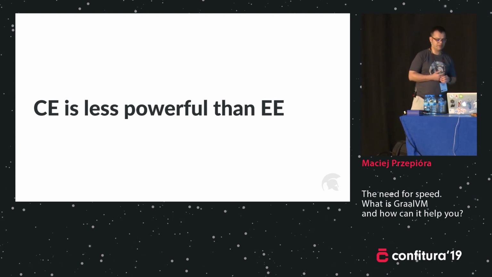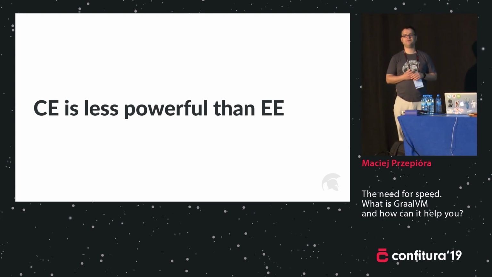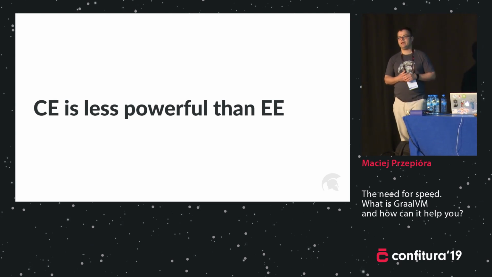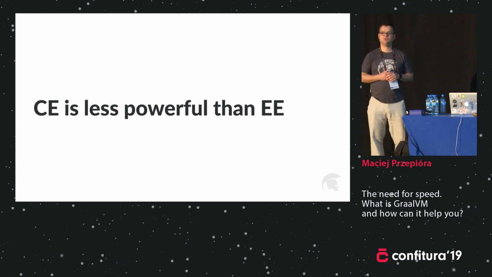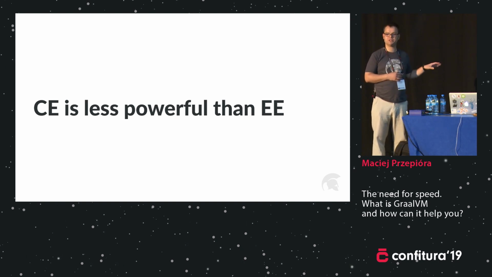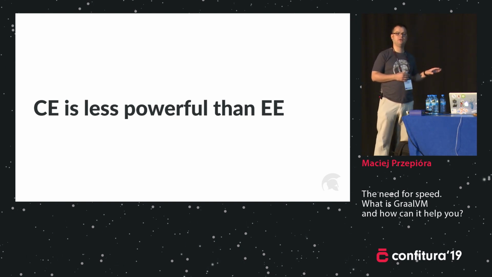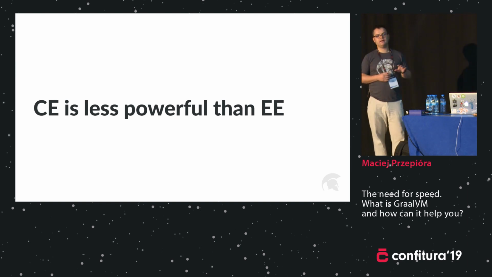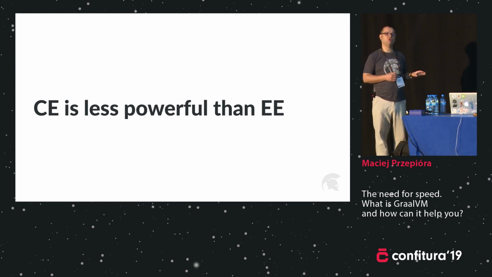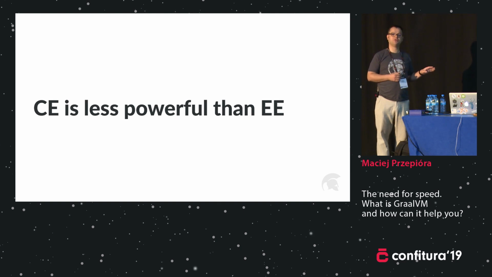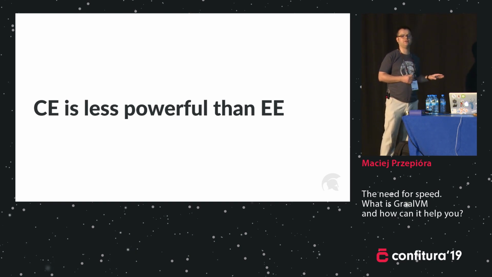The problem with the CE and EE difference is that EE is much more powerful. It applies more optimizations. It is really faster. Then, if you use the native image tool, the EE version will provide you with debug information and profiling information. So it embeds DWARF into binaries.